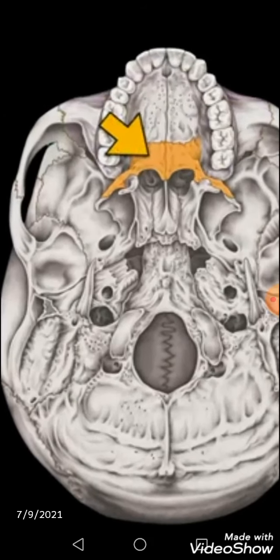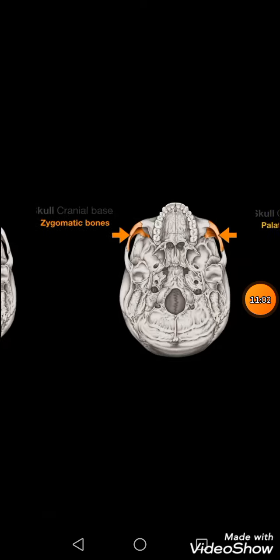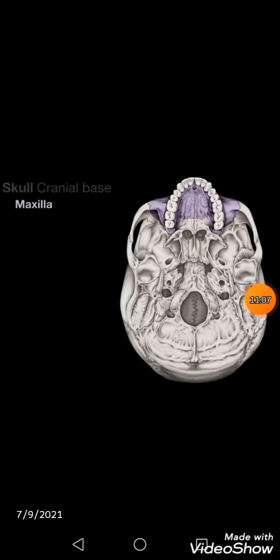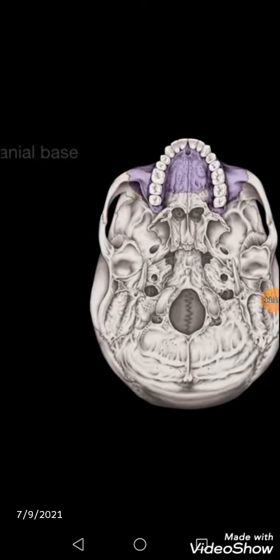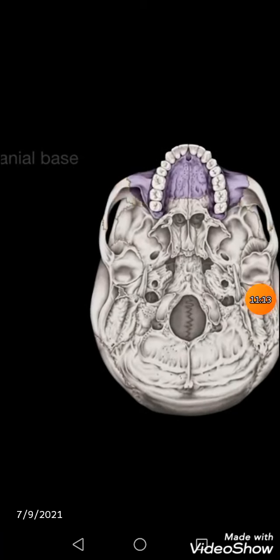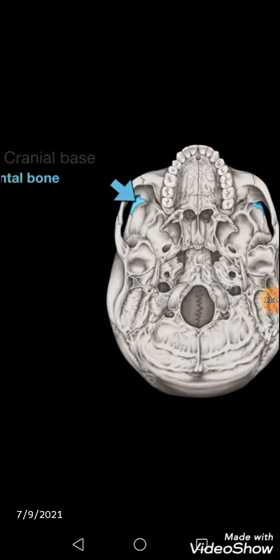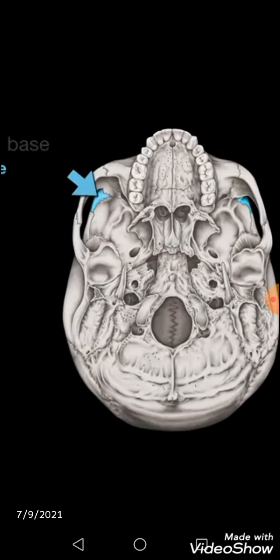Now look at the zygomatic bone, how it appears. Now see the contribution of the maxilla, right, in the hard palate and on both sides as well. Oh, there is a frontal bone as well, a little bit of portion present on both sides, right? So this is how your Norma Basalis is completed.